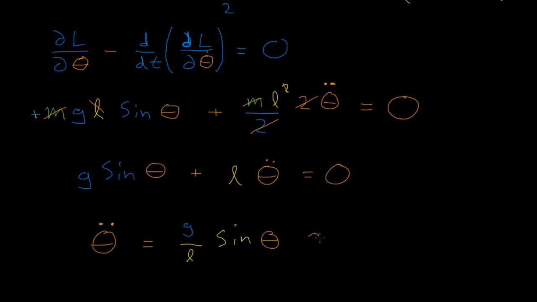So theta double dot is approximately equal to negative g over l times theta. And with this small angle approximation, we end up getting the equation for a simple harmonic oscillator.